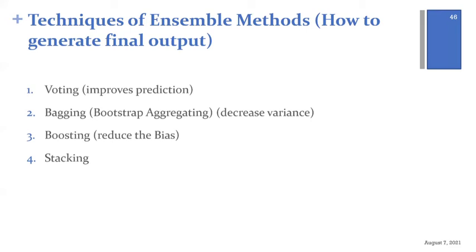Bagging, the bootstrap aggregation, could decrease the variance of your model. We have boosting, which could reduce the bias. And of course, we have stacking, which is by far not very much in use yet, but I see a lot of potential in this option as it tries to solve the problem of bagging and boosting and even the problem of voting methods.